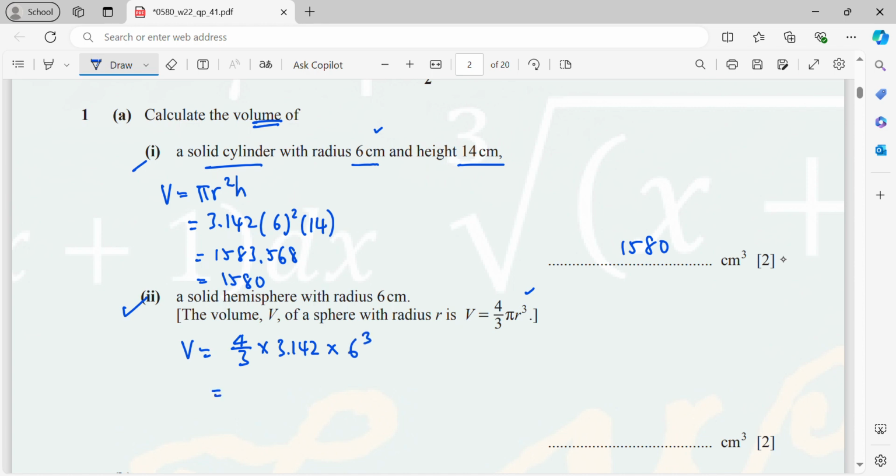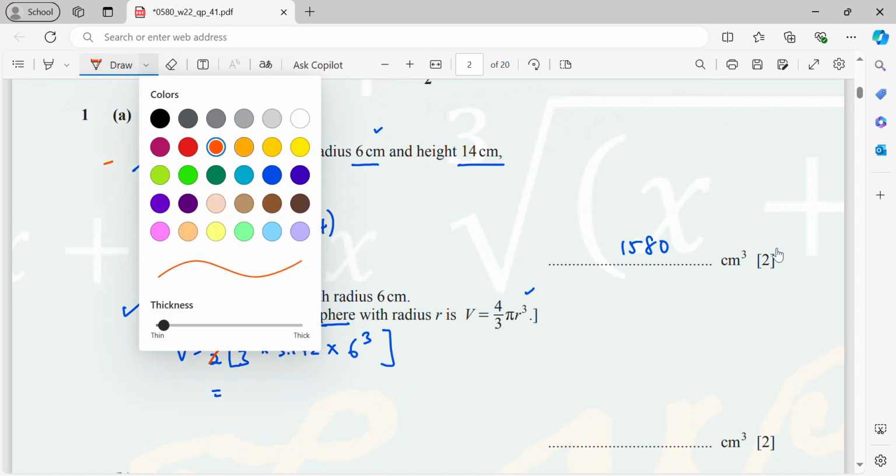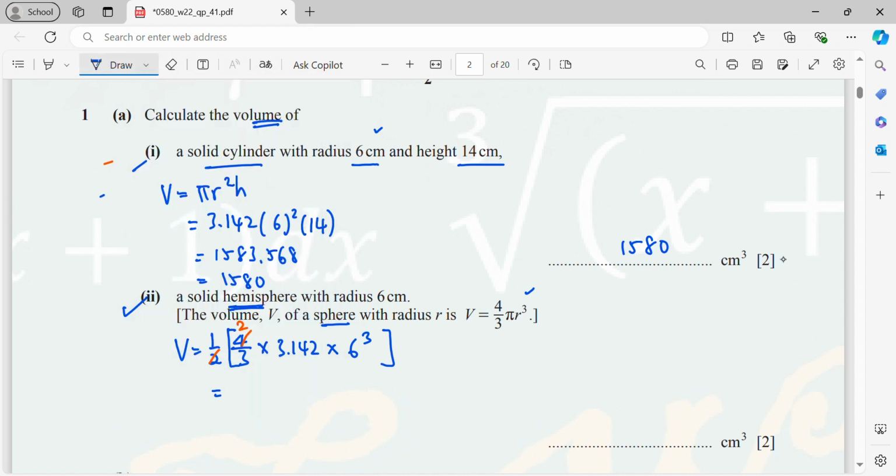Now here is for a sphere, and now we need to calculate the hemisphere. A hemisphere is half of the sphere, therefore V is half of all these formulas. So now the half and 4 will be cancelled off, becoming 2/3. Therefore now here I will be getting the answer of 452.448. And now again, I round to 3 significant figures. That is going to be 452 centimeter cubed.